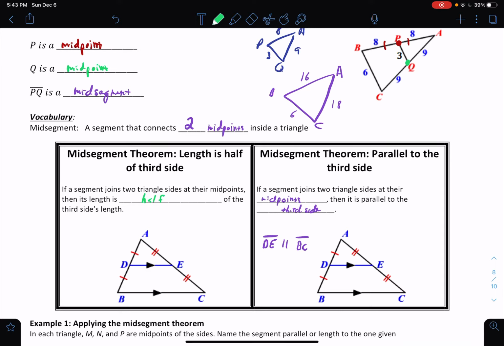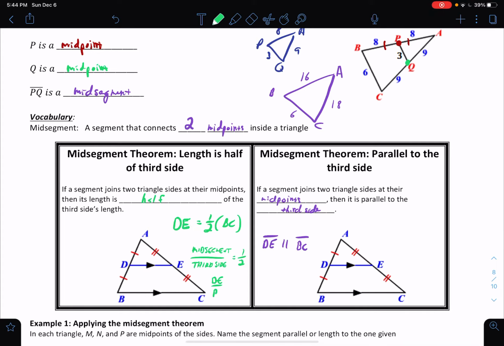So DE is going to be half of BC. Or we can set up this ratio of midsegment over third side equals 1/2.